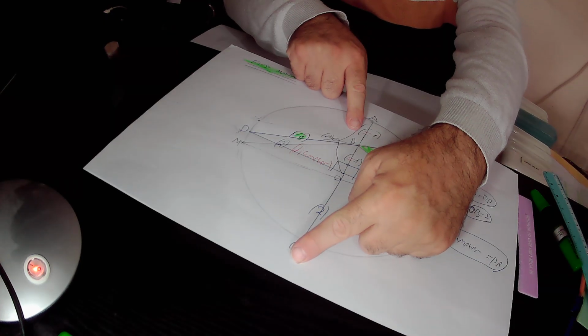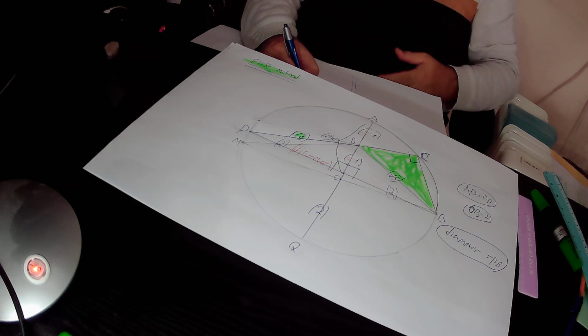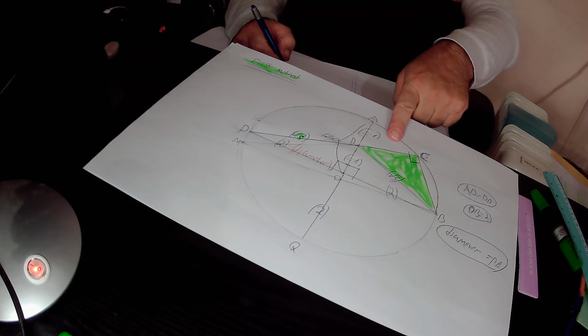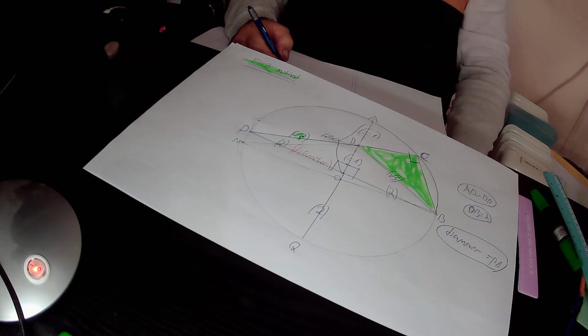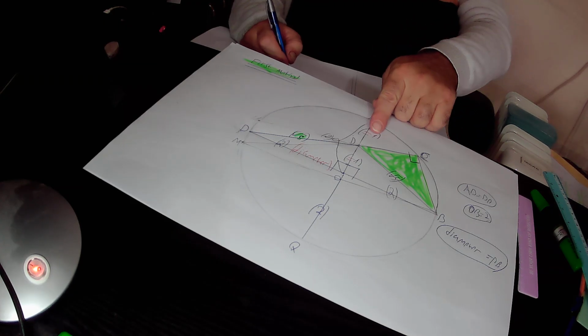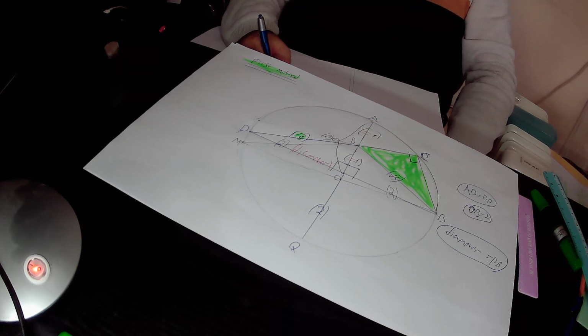DQ in total equals 1 plus 2, that is 3. And it equals CD. CD is the missing side, so we leave it as it is. Times DP. DP equals the square root of 5 units in its length.